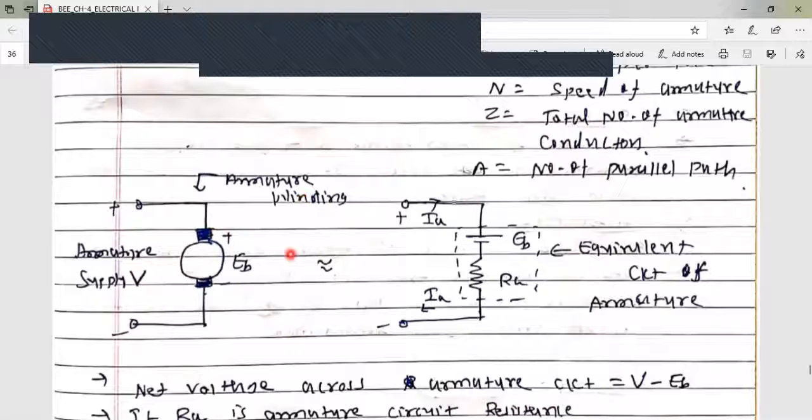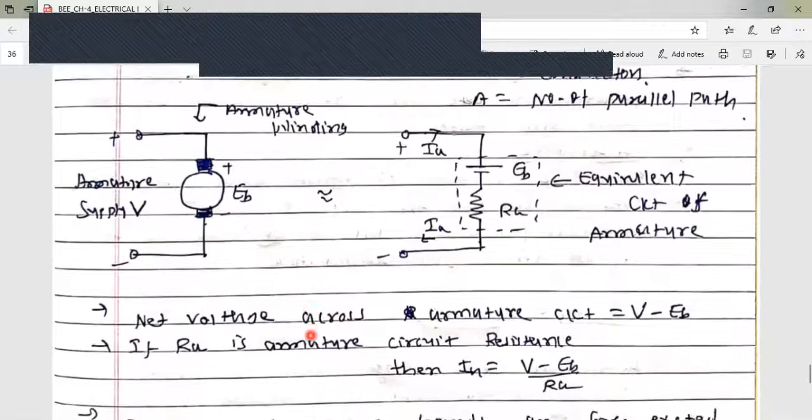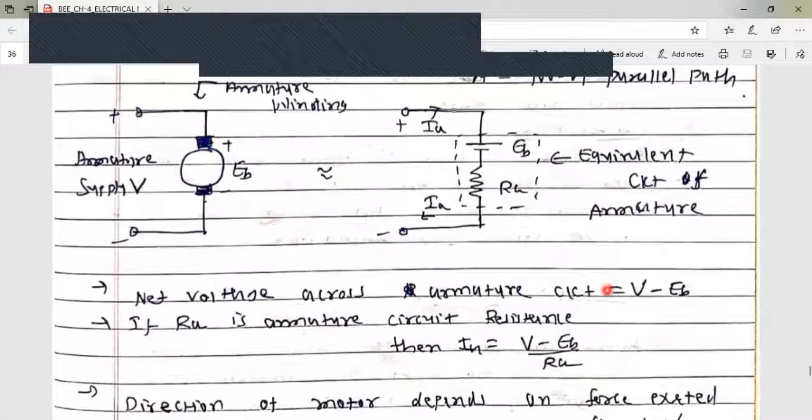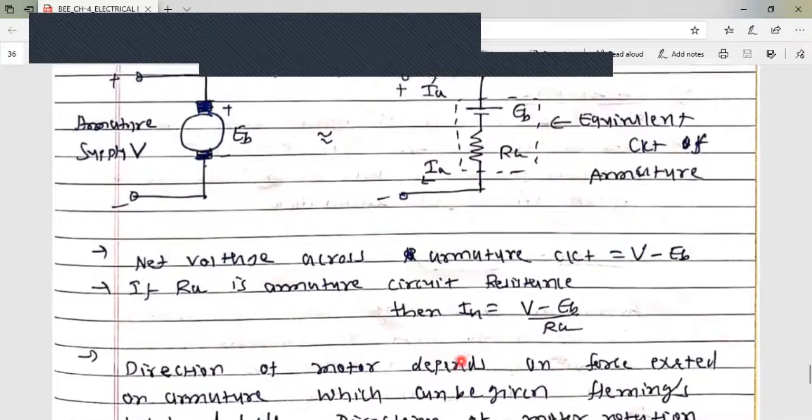So we can draw the equivalent circuit of the armature like this. This is the back EMF. This is the armature resistance. The net voltage across the armature circuit: the total voltage is V, so V minus EB across the armature resistance.